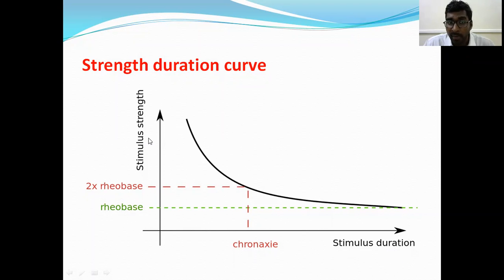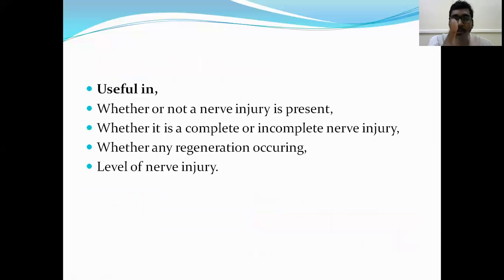So if the strength duration curve moves to the right, a nerve injury is present. If after going right it comes back to the left side, recovery is happening. In this way, we can use the strength duration curve.